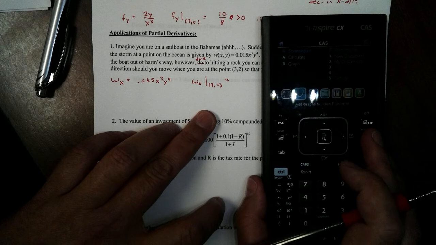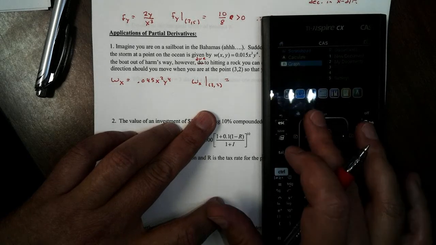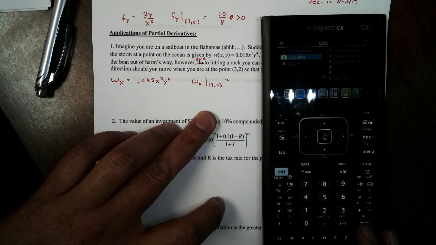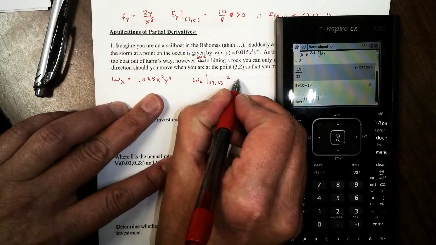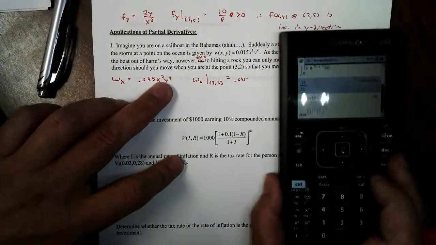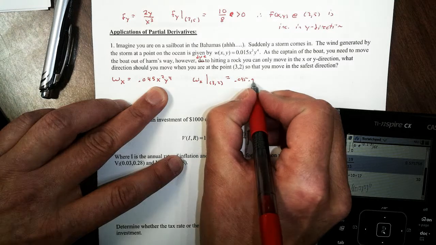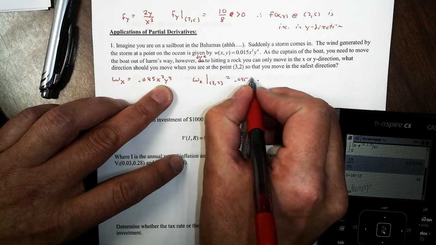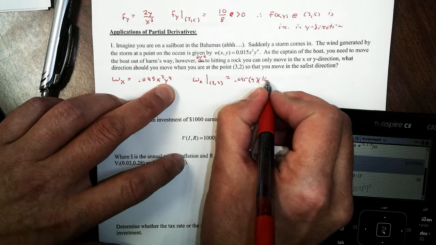I'm going to use my calculator for this. I just plug that in: 0.045 times x squared, which becomes 9, times 2 to the 4th, which is 16.